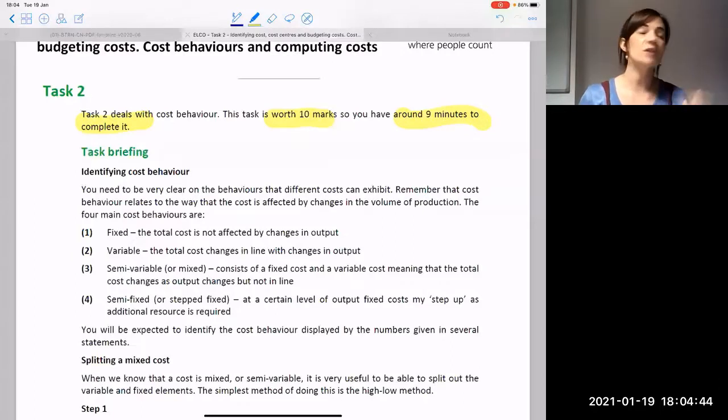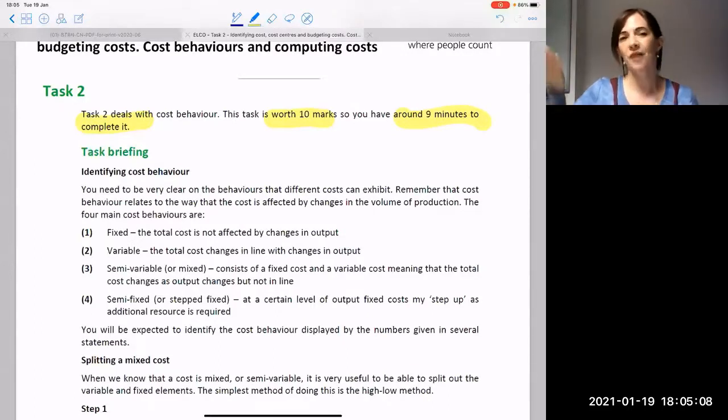Your variable cost will be things like materials and labour that go into the product. So the more jars of jam I make, the higher my material costs. And then a semi-variable cost has a fixed and a variable element, doesn't it, guys? So often a phone bill is a good example. You have your fixed monthly rental, which will be fixed regardless of what calls and usage you have.